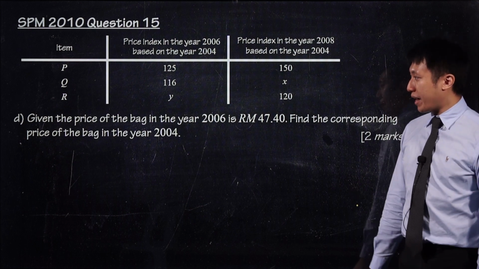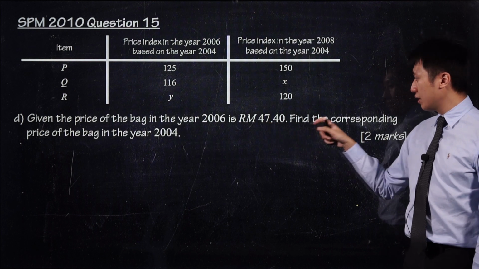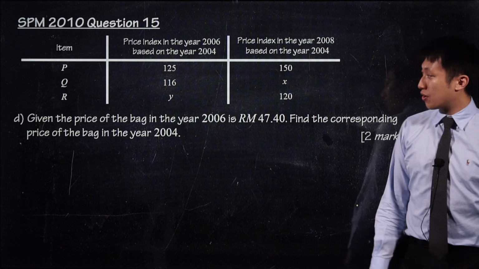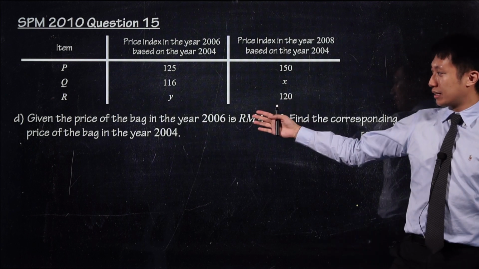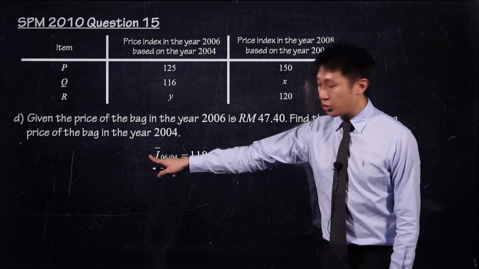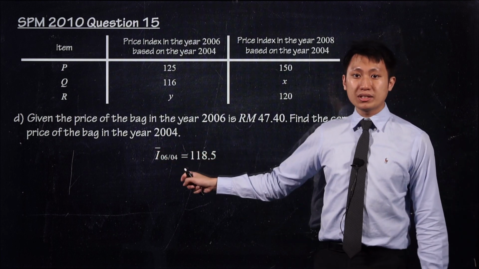Given the price of the bag in 2006 is 47.4, find the corresponding price of the bag in 2004. So, given 2006, you want to find the price in 2004. We need to make use of the previous information. This is the composite index.